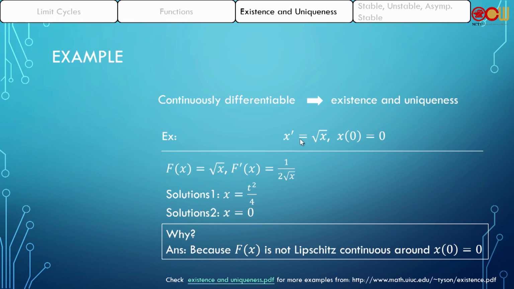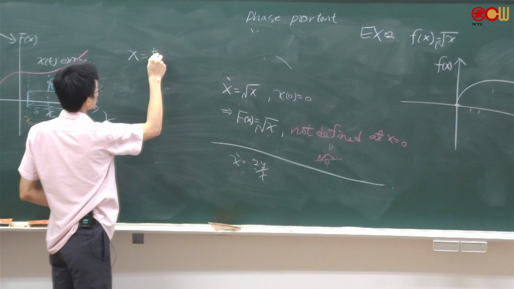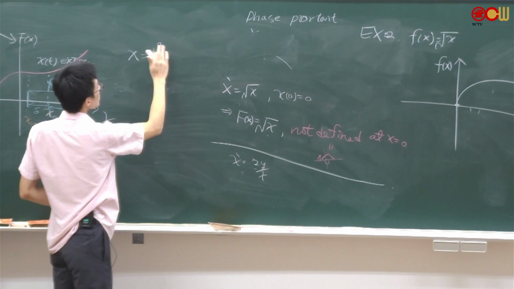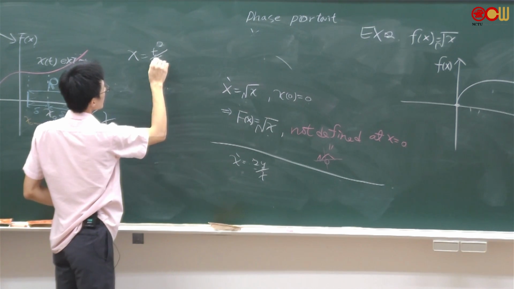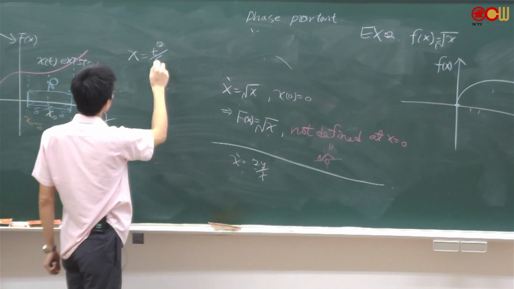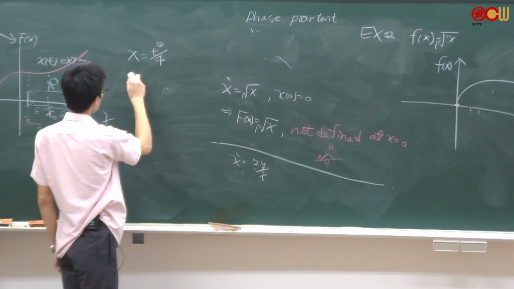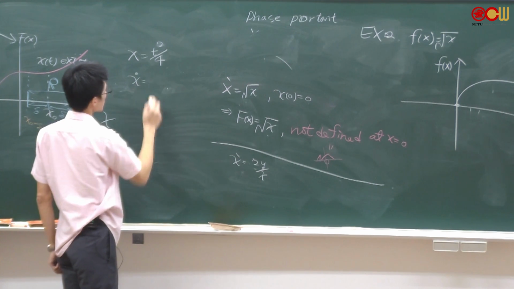Given this dynamics, if the initial condition is 0, you will have two solutions. One is 0: it always stays at 0. Another solution is x equal to t squared divided by 4. If x is t squared divided by 4, what is x dot?